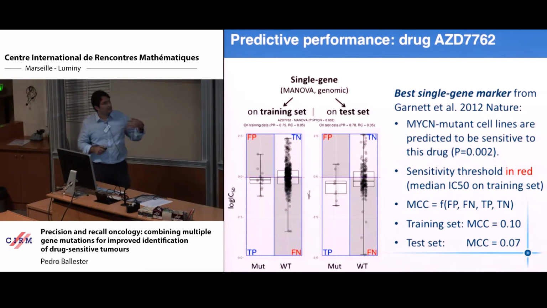It is the median IC50, or half maximal concentration of the drug, on the training set, and then we can calculate a measure that captures both types of error, false positives and false negatives. What we observe on the training set is quite moderate performance. In the test set, this is slightly worse, with 0.07.